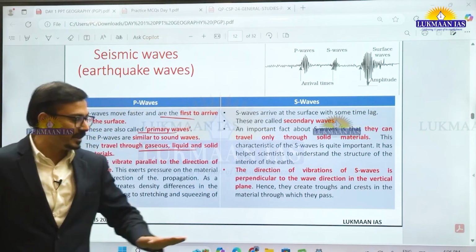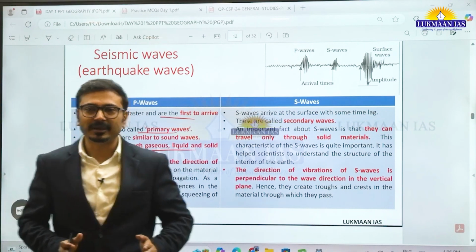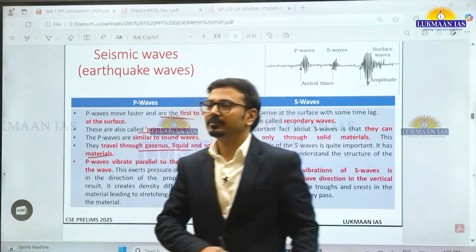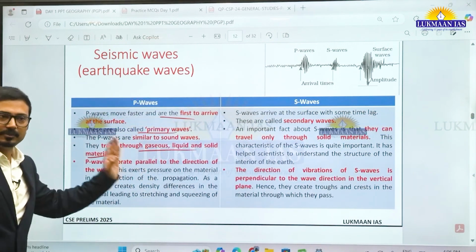That means if this is the direction of movement of the wave, these waves are vibrating like this, in the direction of movement of the wave. These are the P waves.